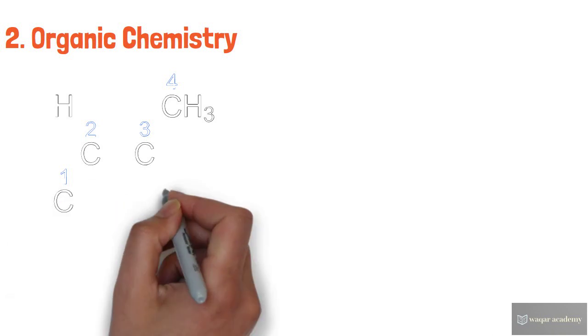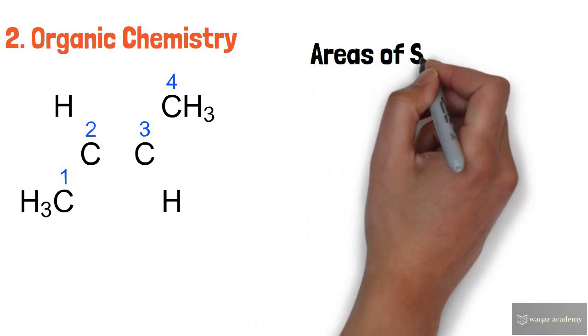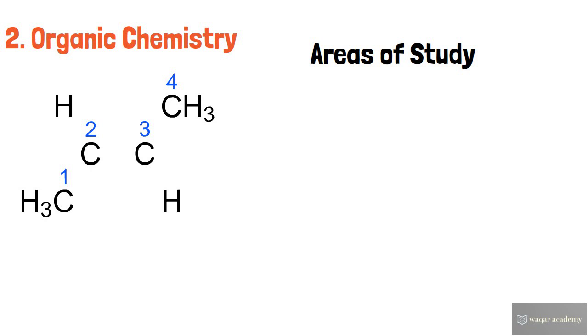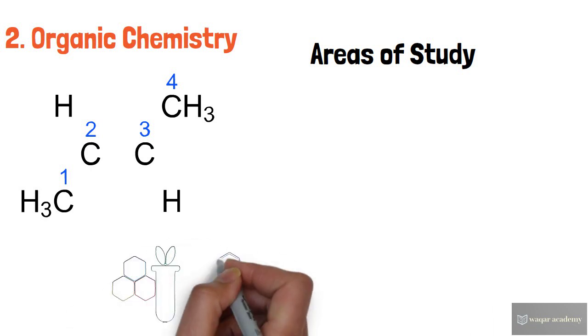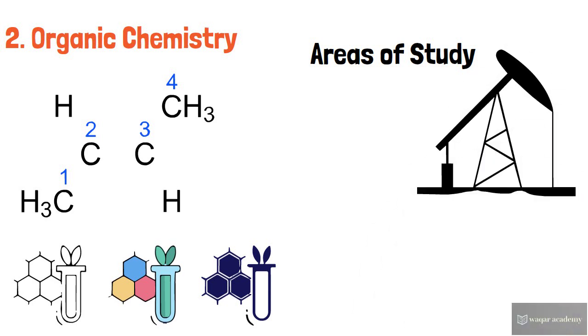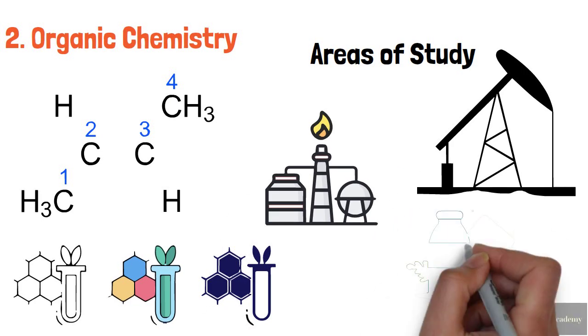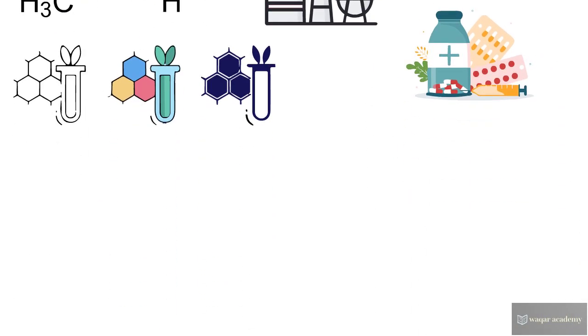Organic chemistry is the study of covalent compounds of carbon and hydrogen, hydrocarbons, and their derivatives. Areas of study. Organic chemists investigate the structure and properties of both naturally occurring and synthesized organic compounds. This branch has wide-ranging applications in industries like petroleum, petrochemicals, and pharmaceuticals.